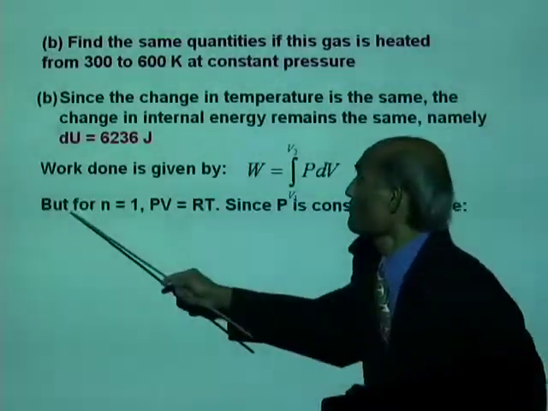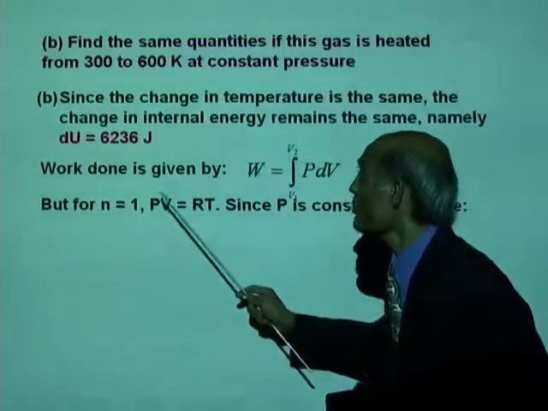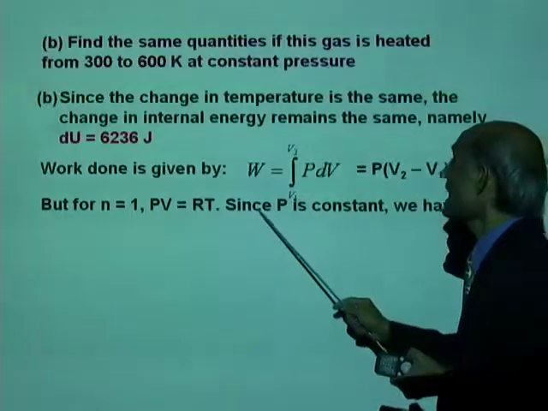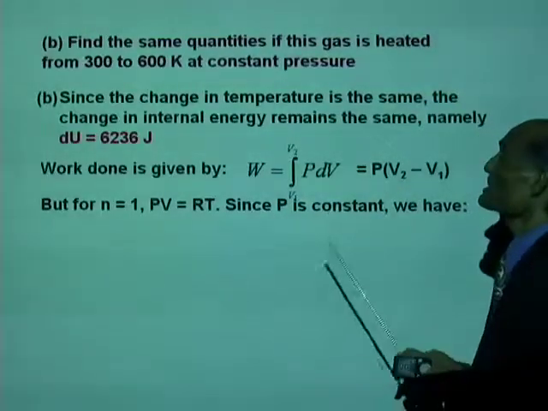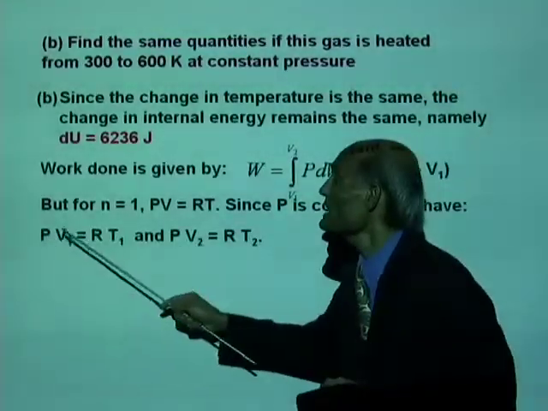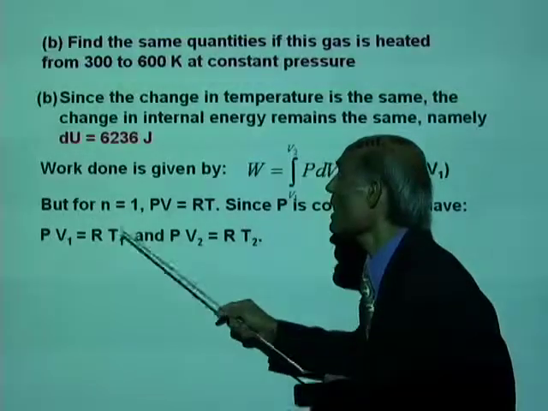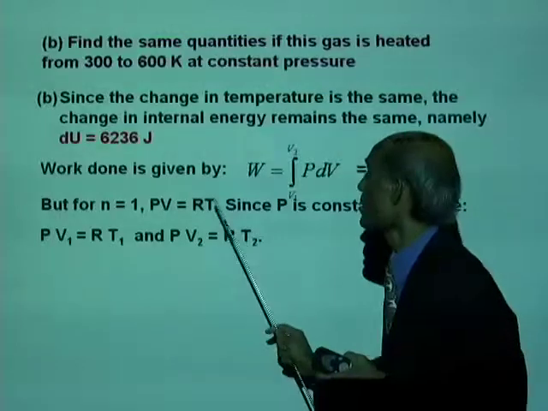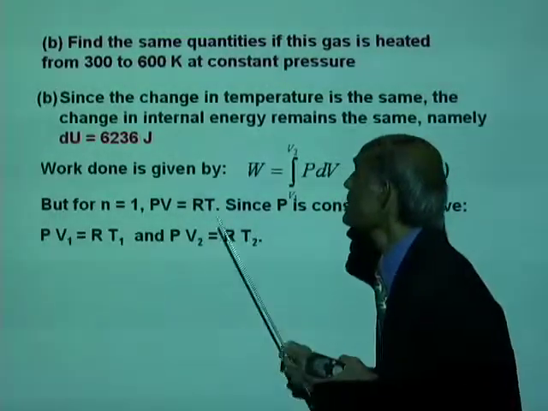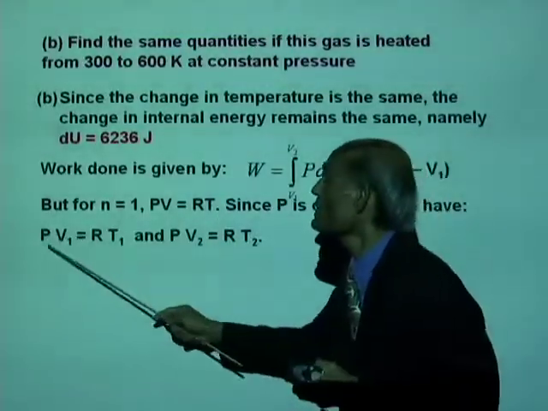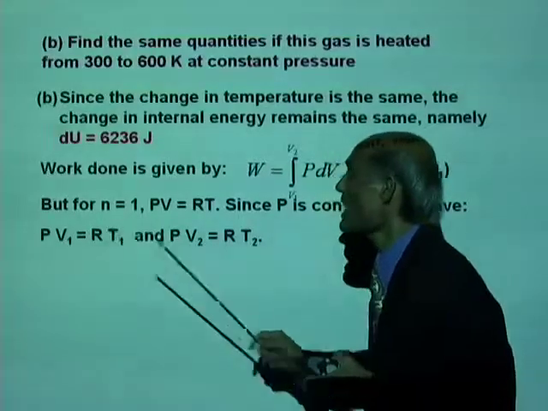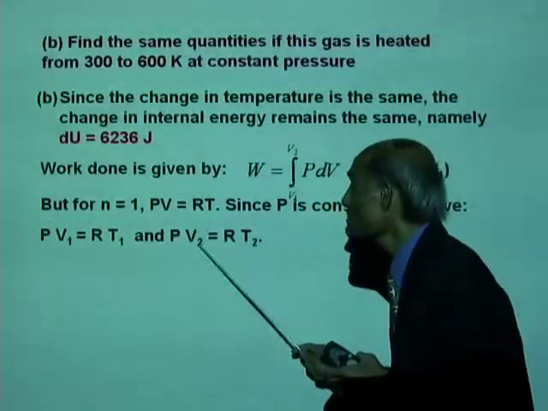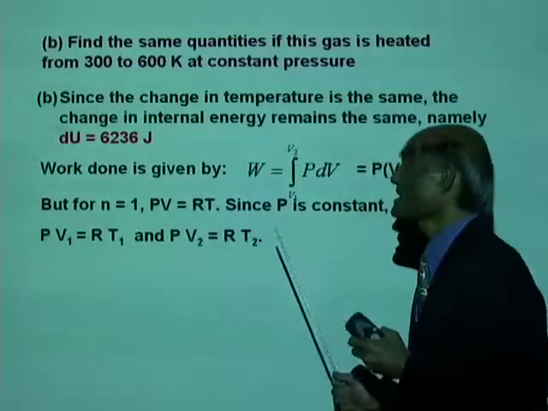We have n equal to 1, PV equal to RT. Since P is a constant, we have PV1 equal to RT1, and PV2 equal to RT2.